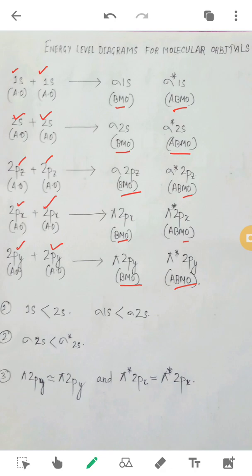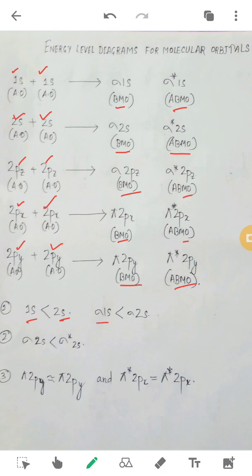Now, the points you have to remember again: just as in the case of atomic orbitals, when the principal quantum number is less, its energy is less. We already know that the 1s atomic orbital has less energy than 2s. As the quantum number increases, the energy of that orbital also increases. Similarly, in molecular orbitals you will see the same case.